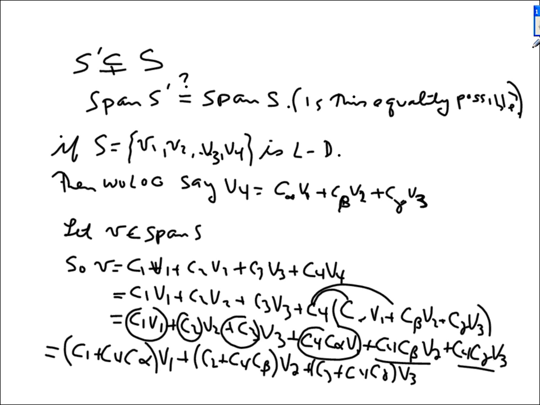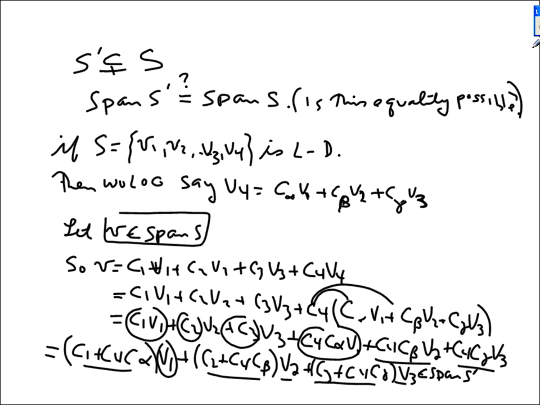Okay, but this is in the span of S prime. It's a linear combination of the vectors V1, V2, and V3. So this here is in the span of S prime. V is in the span of S, which implies it's in the span of S prime.